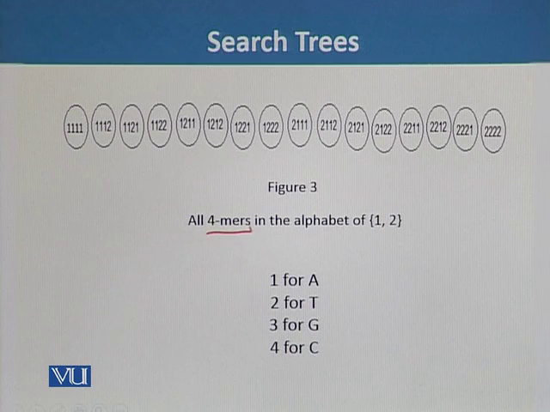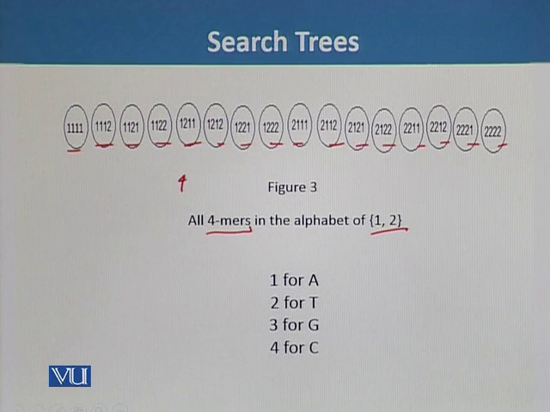Here we can see in figure number 3 all the different possibilities of 4 mers. It means that the number of strings is 4 and the number of alphabets is 2. So we can use 1 and 2 up to the level of 4 mers, and we will get the different possibilities of these 4 mer arrangements of 1 and 2.